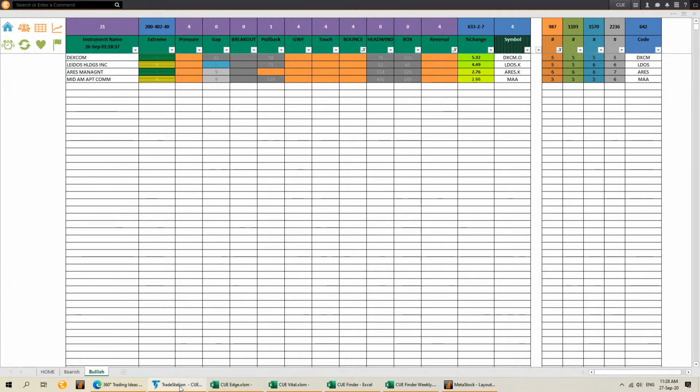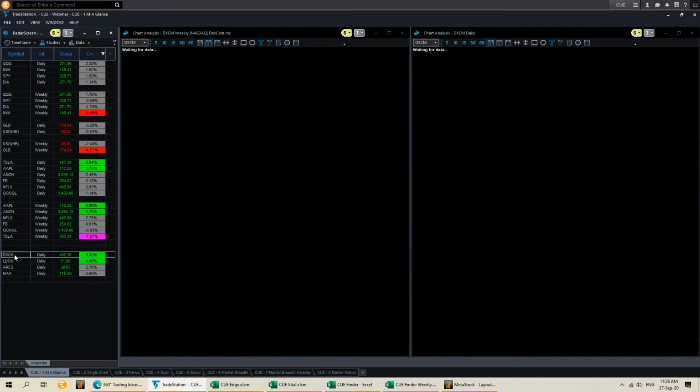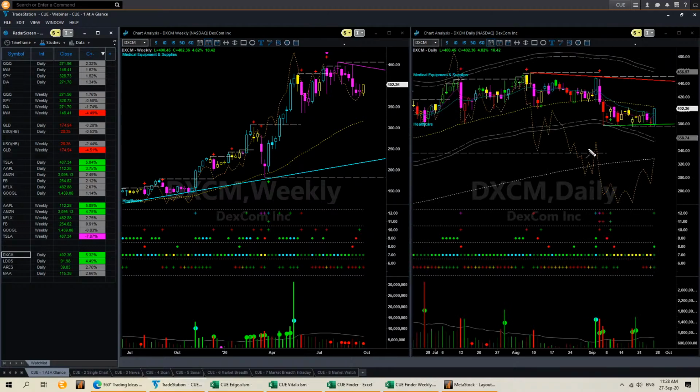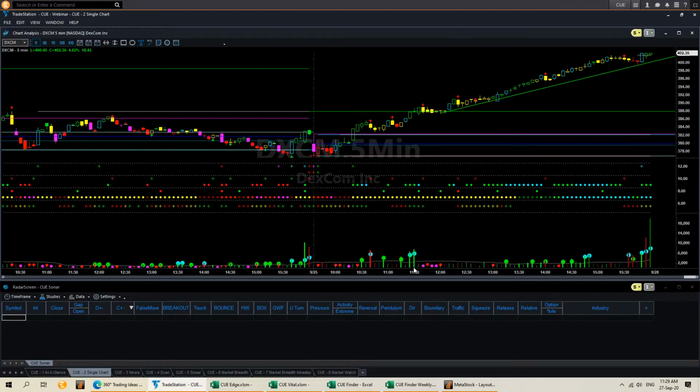Let's look at them using QElite. DXCM. It bounced up from the memory support with bullish pressure, and it has a bullish flow also. You could find this stock during market hours, and then, as I explained, you could switch to the fine-tune chart.